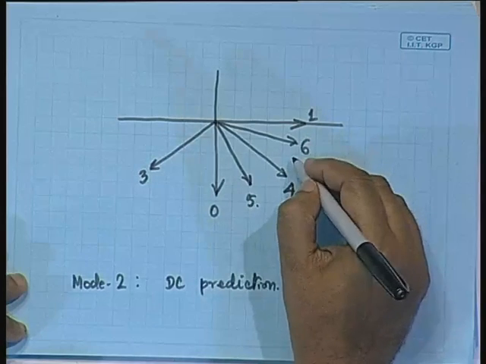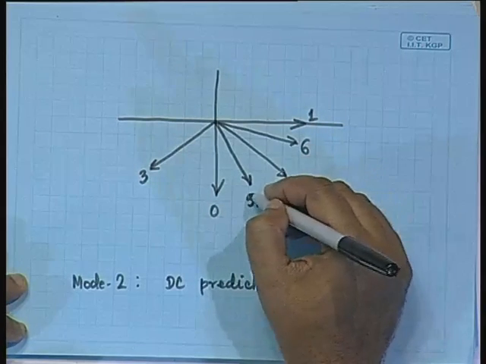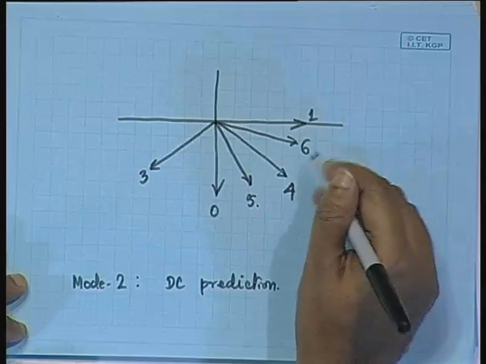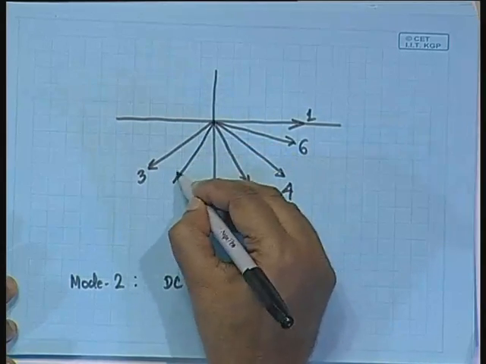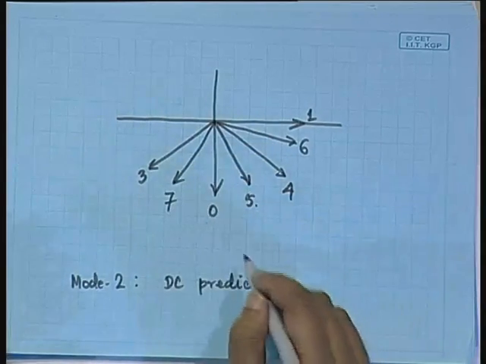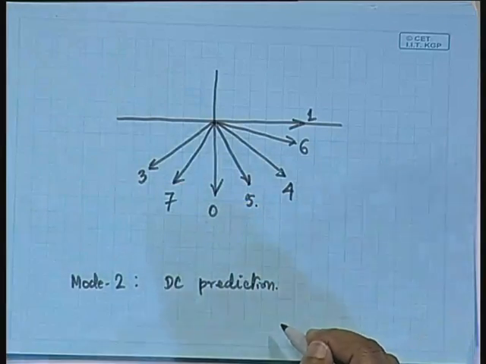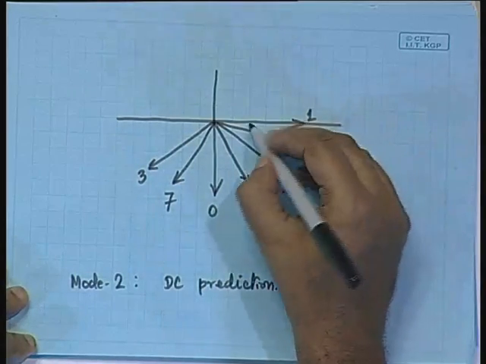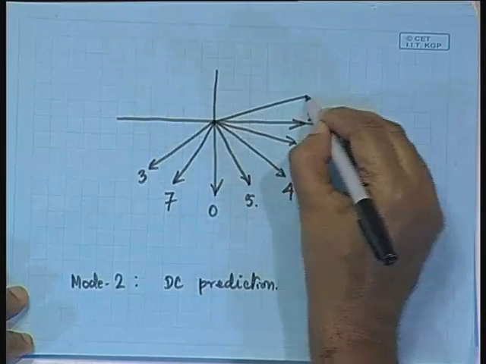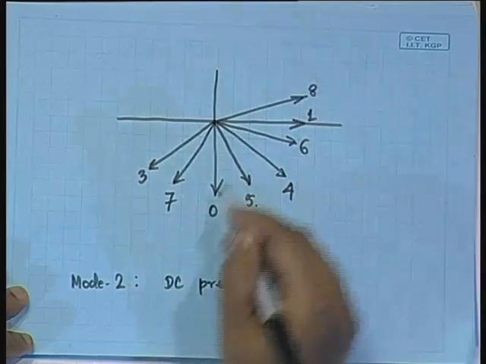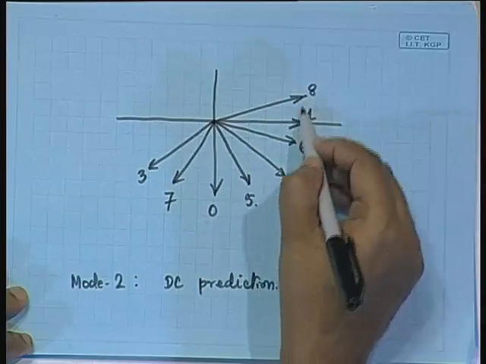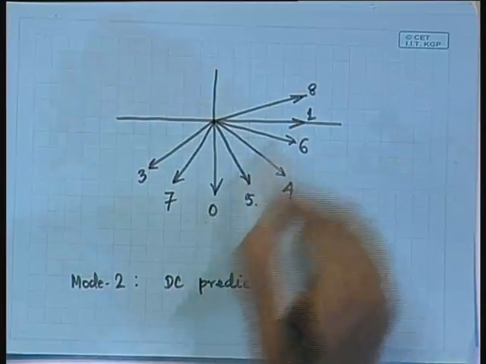All these are 22.5 degrees apart. Direction 7 is in between 0 and 3, and direction 8 is this one, 22.5 degrees above this. So, totally 4, 5, 6, 7, 8, different directions, 0 to 8.